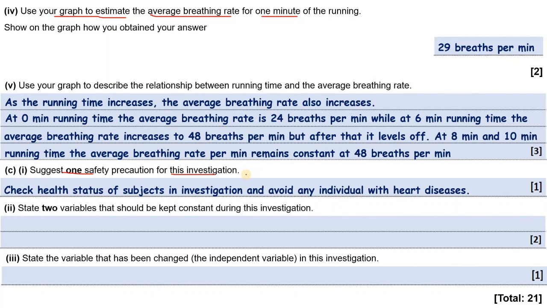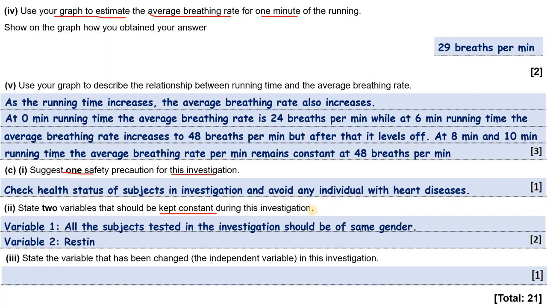Next question is, state two variables that should be kept constant during this investigation. Now there are many variables we can consider to keep constant throughout the investigation, but the two most important ones are that we select all the subjects of the same gender, and the resting time between each run for the subject should be the same.